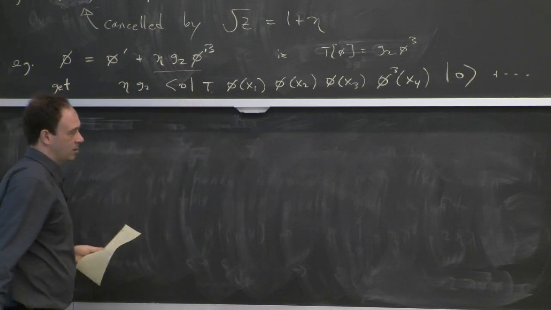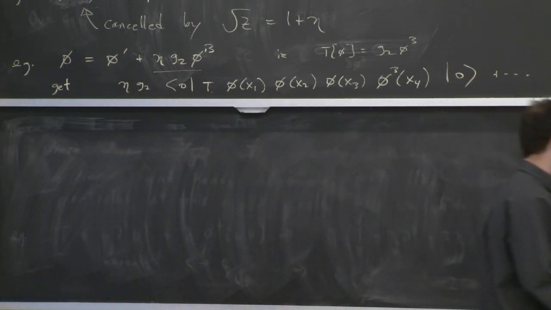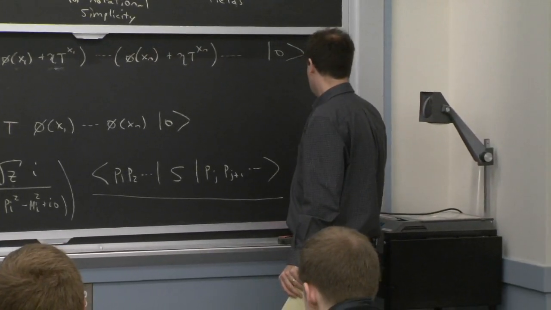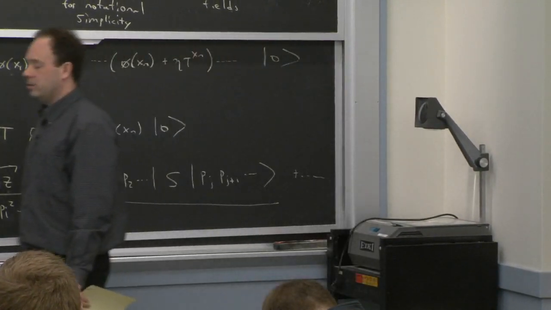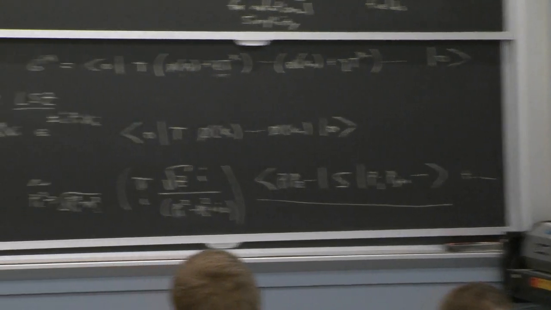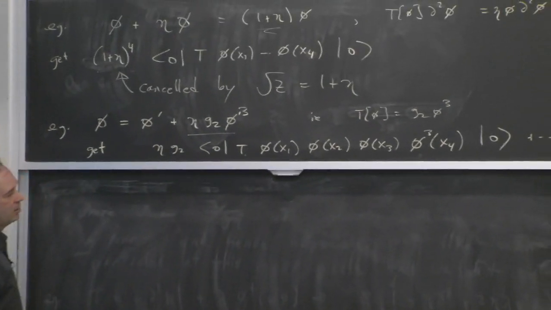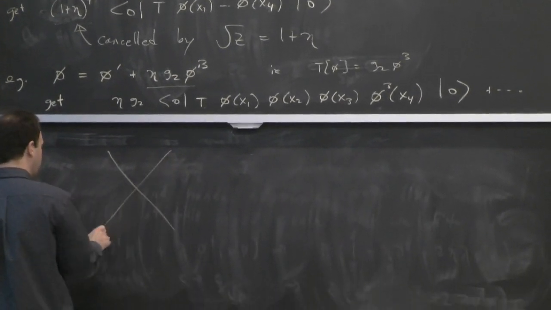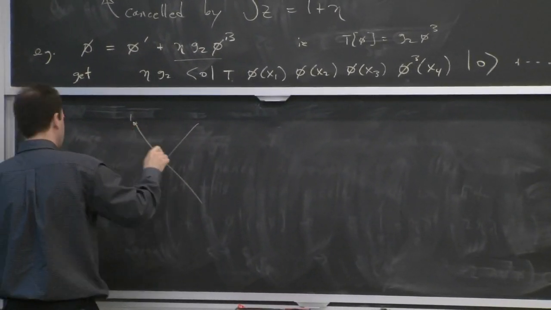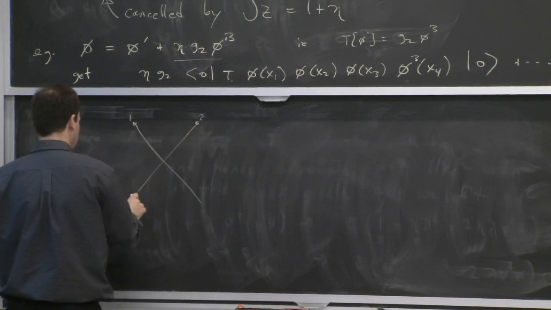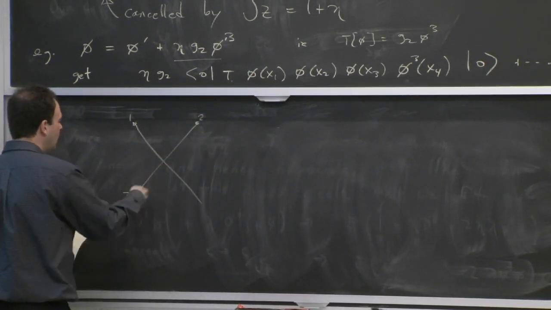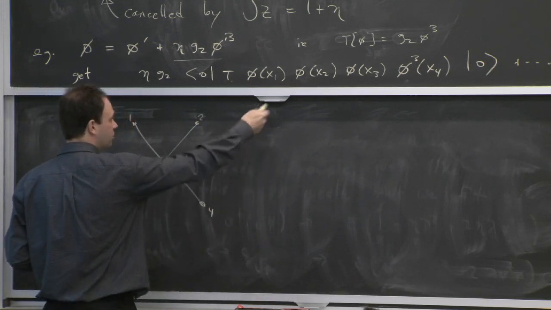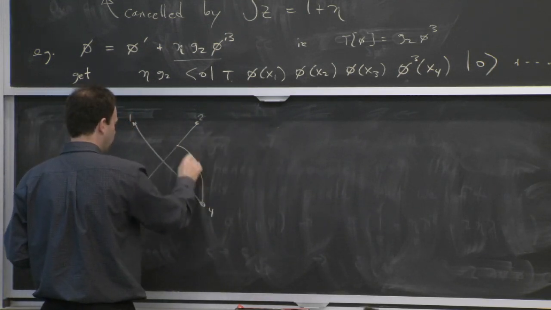So the claim is that this matrix element has no effect on this structure. It can affect the dots, but it's not going to affect the leading term. And that's because having a phi cubed means that you're not having a one-particle state. So if you tried to draw it as a Feynman diagram in position space, you'd label these external points, and you inject momenta there. And then we label point 4, but there's 3 fields there, so maybe we have to tie it up like this or something.